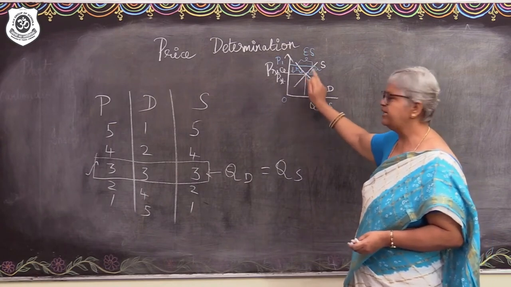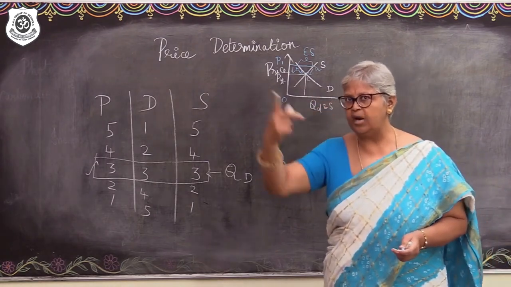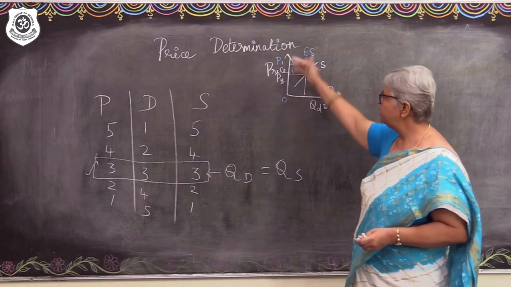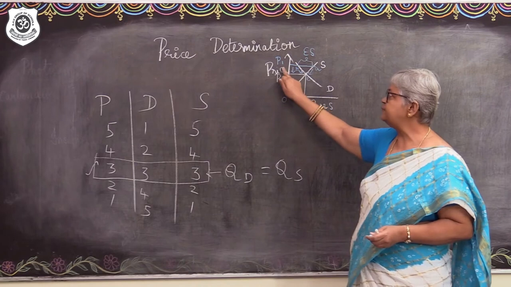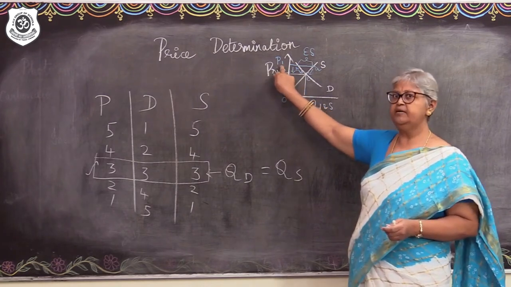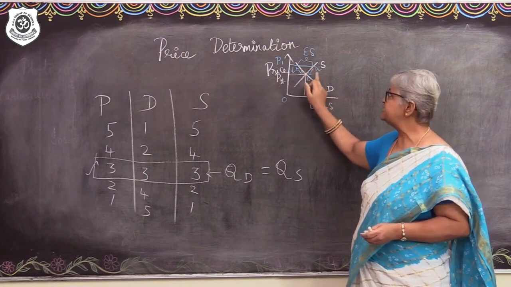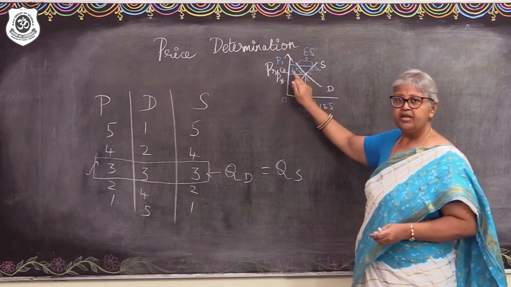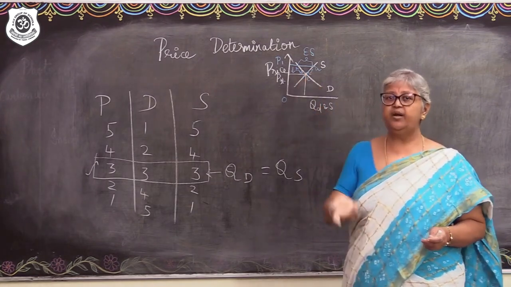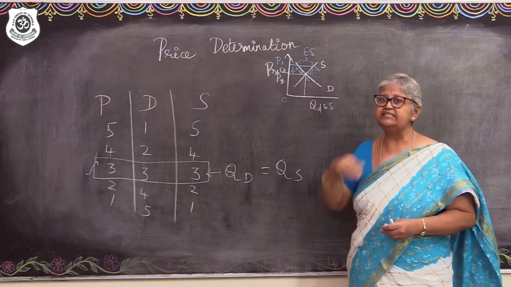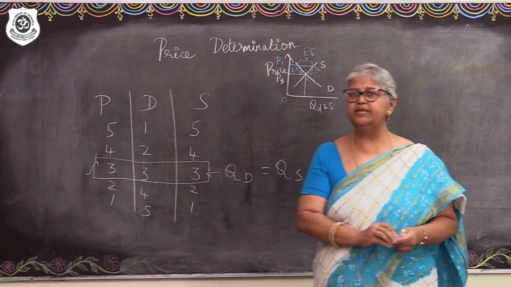So what is happening here again? If the market price is going to be OP1, which is much above the equilibrium price P star, at this particular price P1, there would be an excess supply to the extent of AB, and when there is excess supply in the market, there is going to be competition among the sellers, and the sellers, in order to sell, will be ready to lower the price.